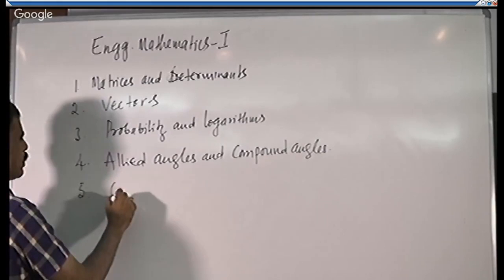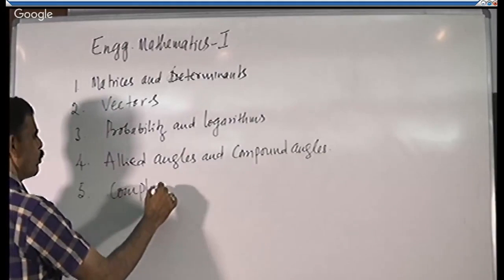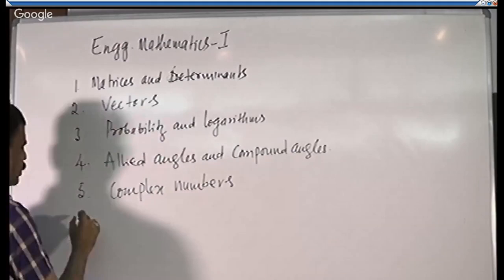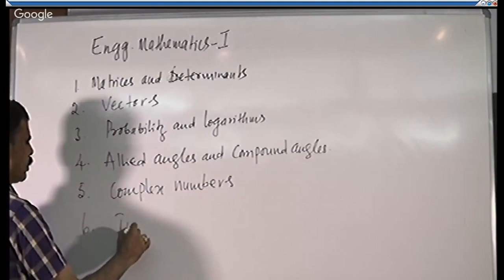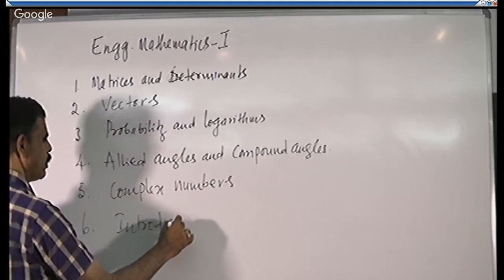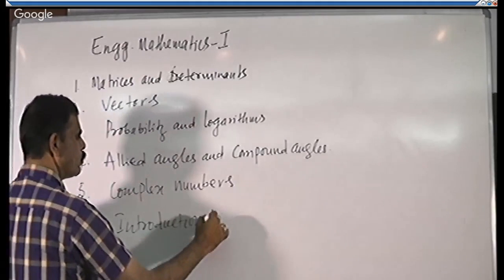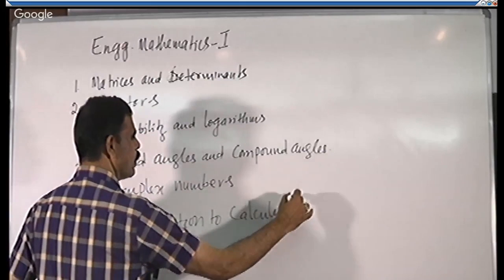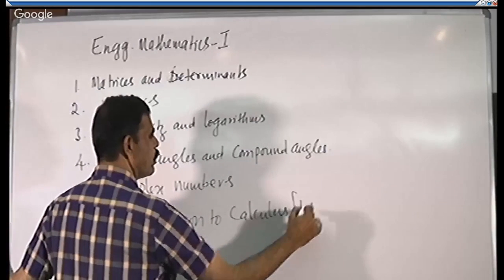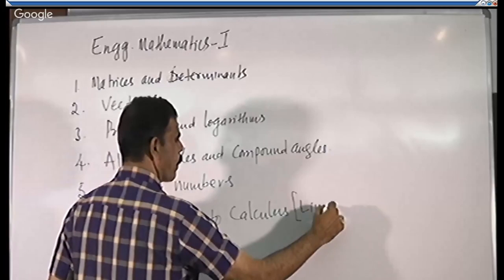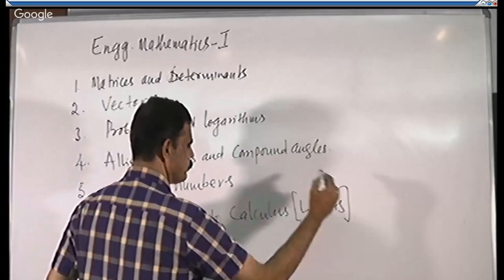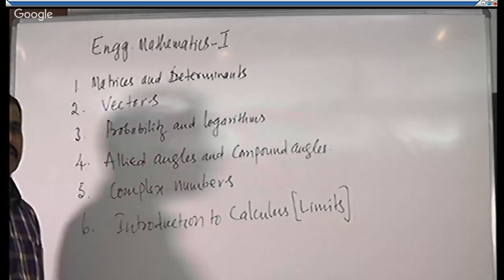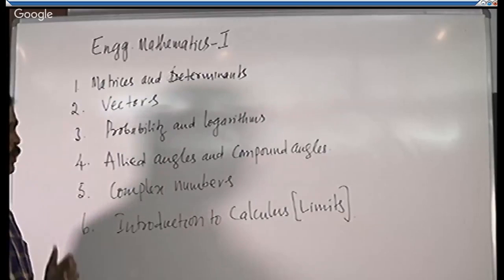Fifth unit, it is complex numbers. Sixth unit, introduction to calculus. In that, we learn about limits. So these are the 6 units we need to learn in engineering mathematics 1.